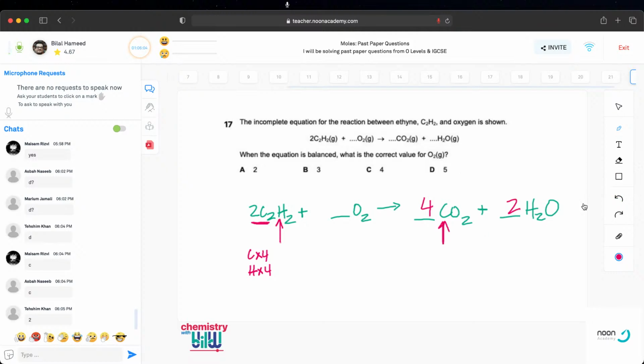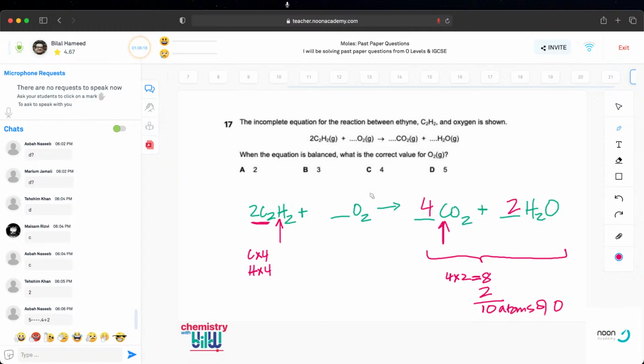Now, how many oxygens do I have on the right hand side? So 4 times 2, that's 8 oxygen atoms there, plus 2 more there. That's 10 atoms of oxygens I need. So what do I multiply O2 by to get 10 atoms? I will multiply this by 5. So that's the number of oxygen molecules I need.